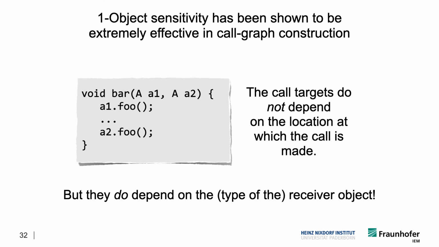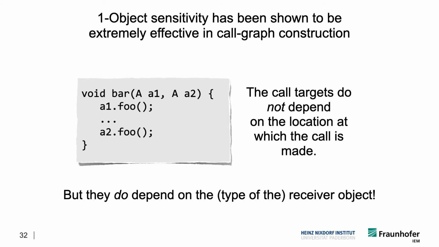You can plug it into Soot. It's not always trivial because it's basically a native library that needs to be compiled for the right architecture you're using. But then if you plug this into Soot, you can create such call graphs as well.